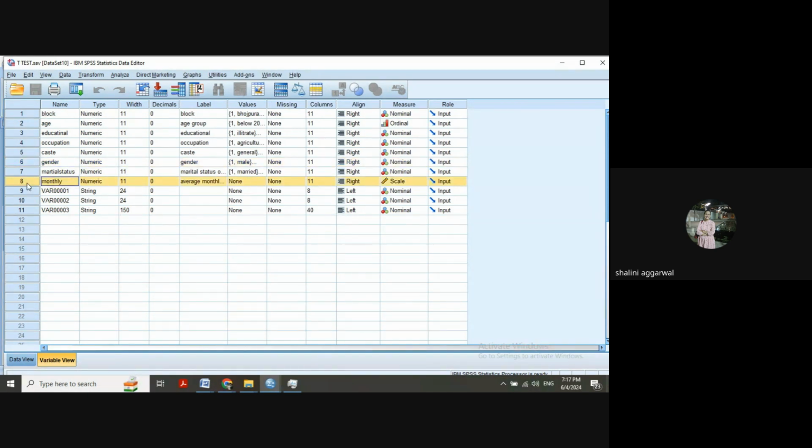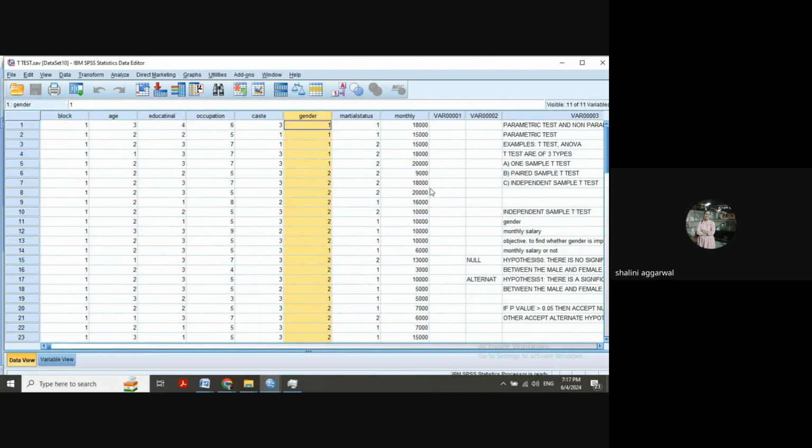I think you know how to do that now. Gender will be nominal and monthly salary will be a ratio scale, right? So here we will be choosing the scale. And this is the data that we have filled for monthly salary of the people and the gender, right?